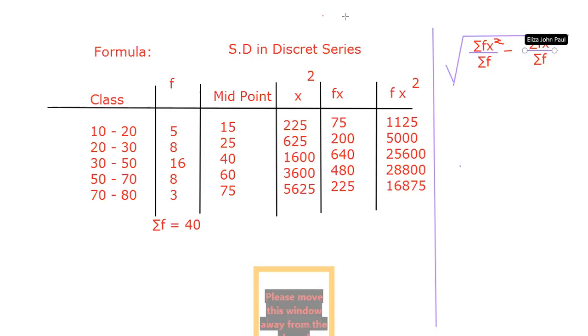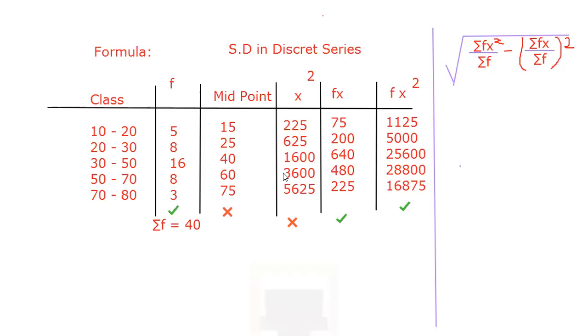Okay, so we don't want to find x square, and we don't want to find the mid value. We are supposed to find sigma fx, sigma fx square, and sigma f. Only these three values are enough.